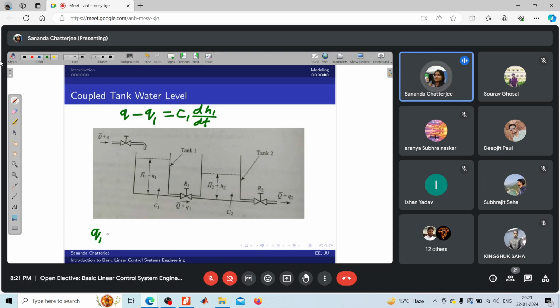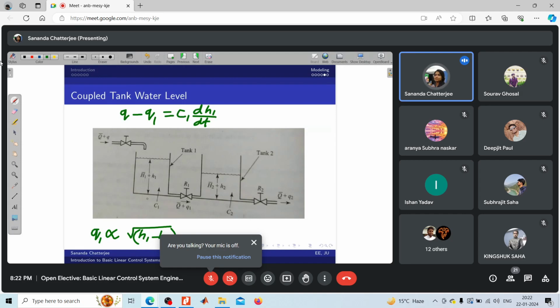Yes, so Q1 is proportional to root H, and this flow depends on the difference between these two heights, H1 minus H2. So we can replace Q1 using a constant, Q1 is equal to K1 root over H1 minus H2.